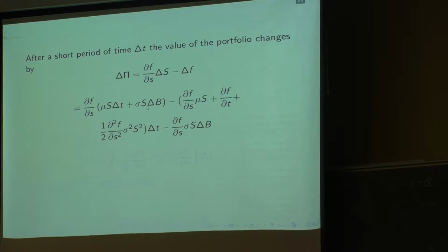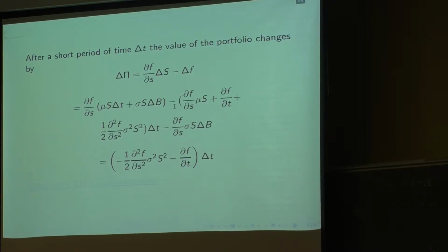We have dfds sigma S delta Brownian motion, and we have minus dfds sigma S delta Brownian motion. So this term here cancels this term here. There's another cancellation, which is we have dfds mu S delta t, and we have minus dfds mu S delta t, which also cancel each other because there's a minus sign here. So we do all these cancellations and we're left with this.